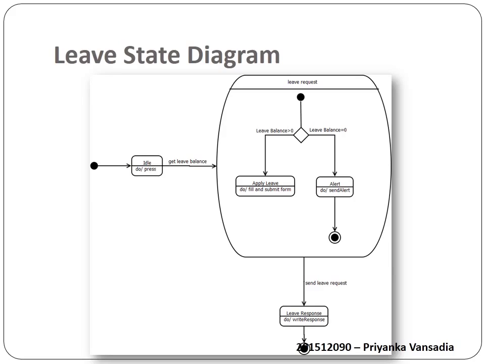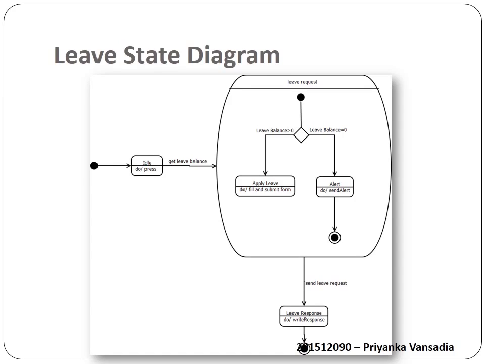In the apply leave state, they can apply for leave by filling in the leave application and submitting it to their course coordinator. If the student or TA leave balance is 0, then the system will enter the alert state and the TA or student gets an alert from the system and the system process is terminated.